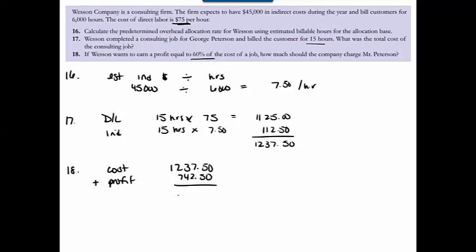So you add those two together and you get 1980, which is how much I am going to end up charging the customer for this job. So similar process with the predetermined overhead rate, but much simpler. It's just the labor and then everything else. So that is basically chapter 19.